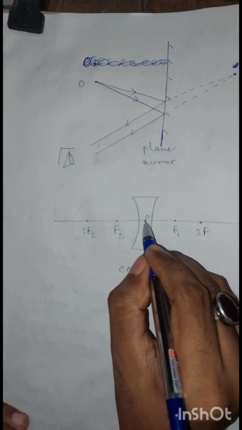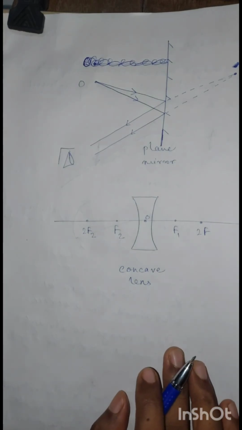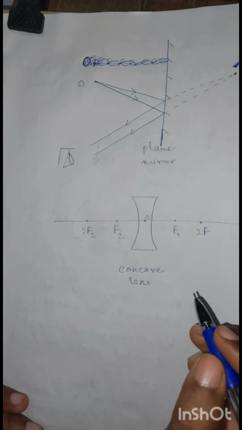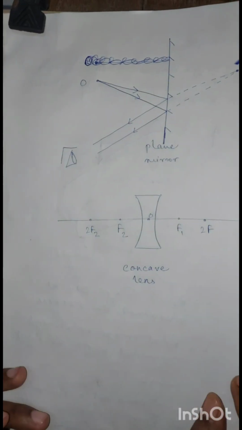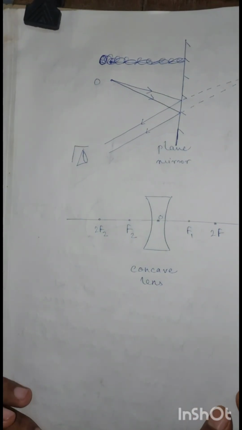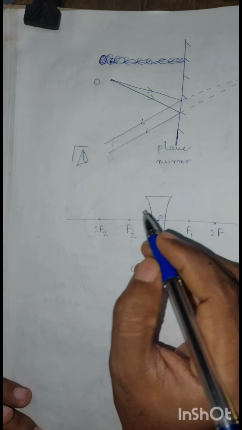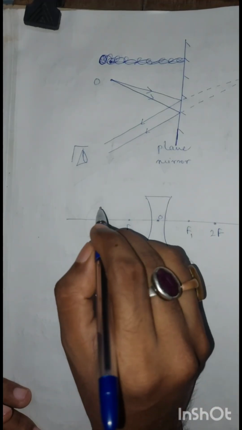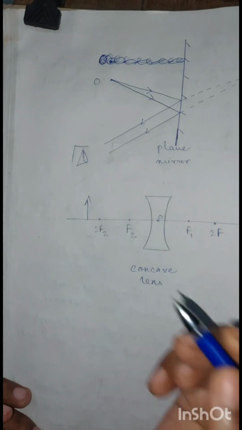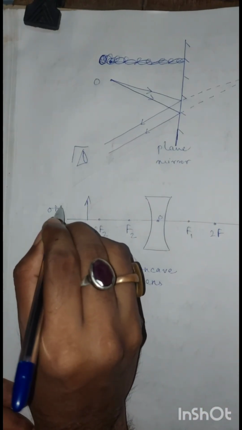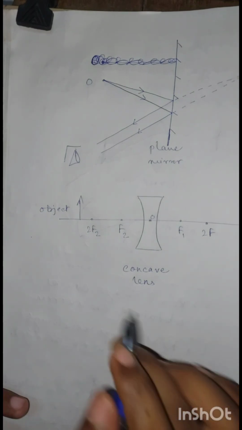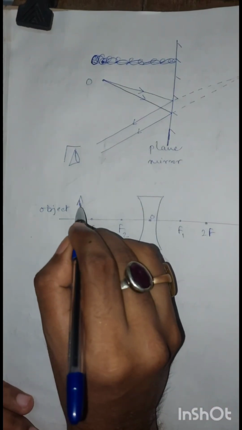This is the center of this lens. Now let us assume an object which is placed in front of the lens. This is our object. Now two light rays come from this object.